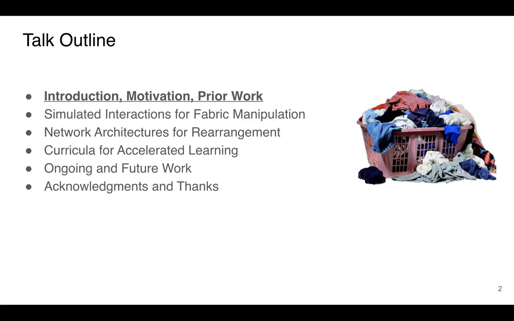Then most of the talk will consist of a series of 3 perspectives on how we might approach robot learning and robot manipulation, including simulated interaction for fabric manipulation, network architecture for rearrangement, and curricula for accelerated learning. We'll then discuss some ongoing and future work ideas, followed by a fun section at the end where I acknowledge and thank a variety of people who helped me along the way.